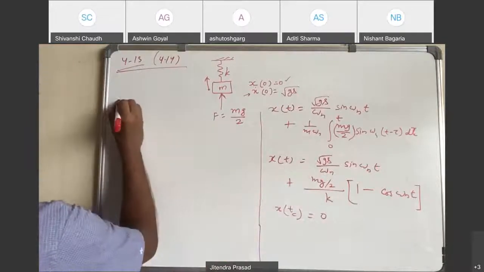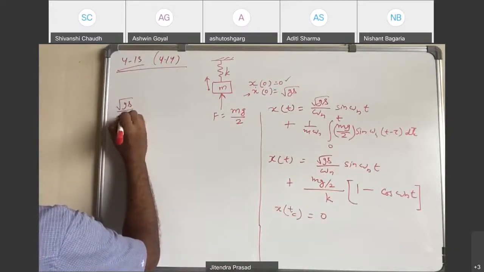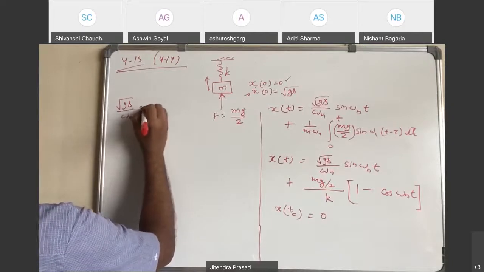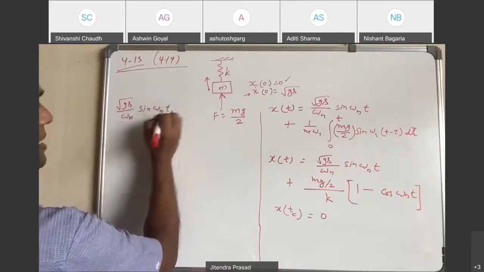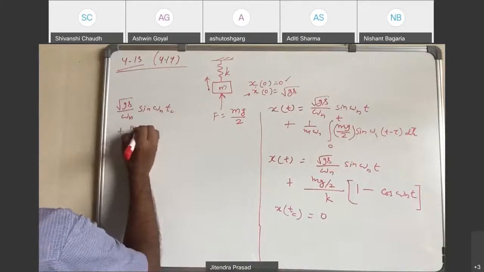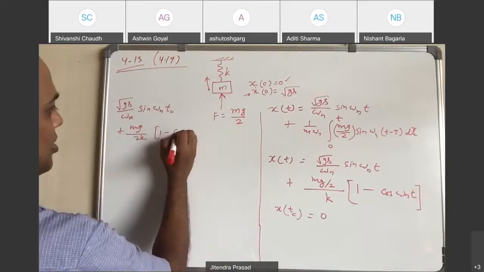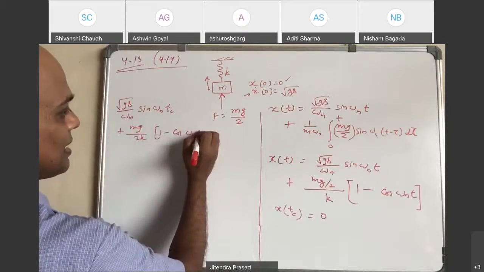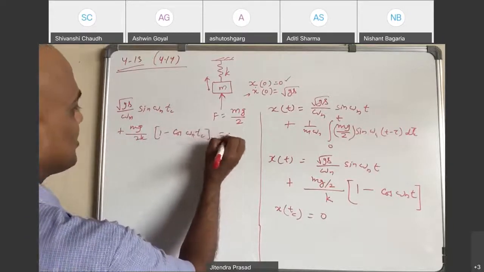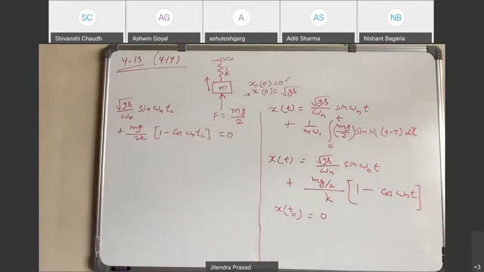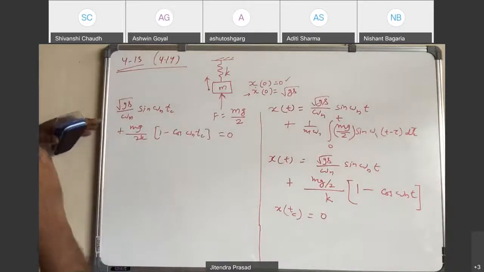So we have root gs divided by omega n sine omega n tc plus mg over 2k times 1 minus cos omega n tc equal to 0. Yeah, we can combine it.